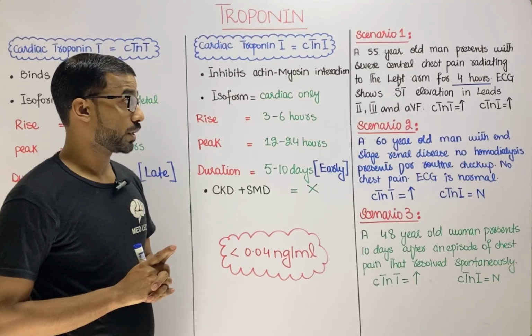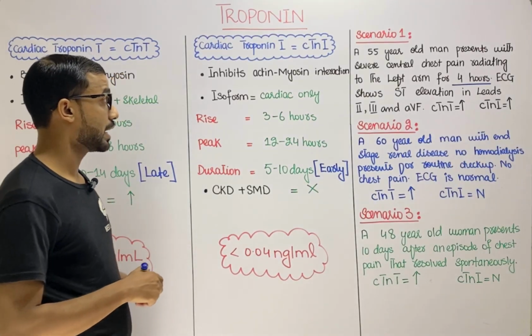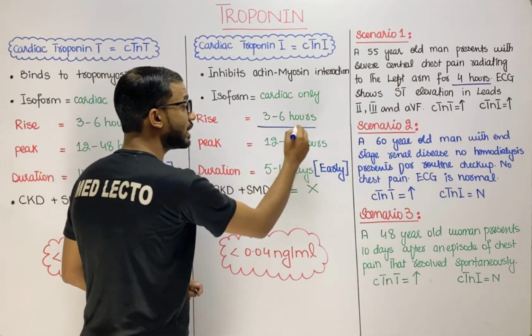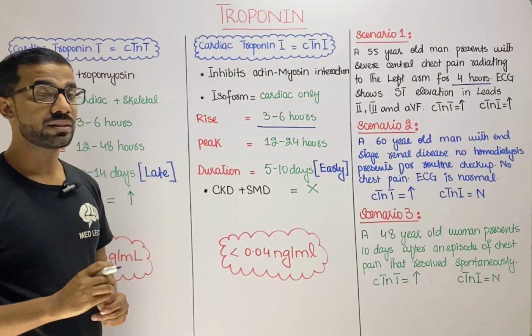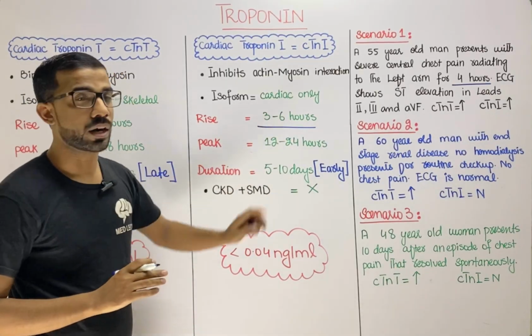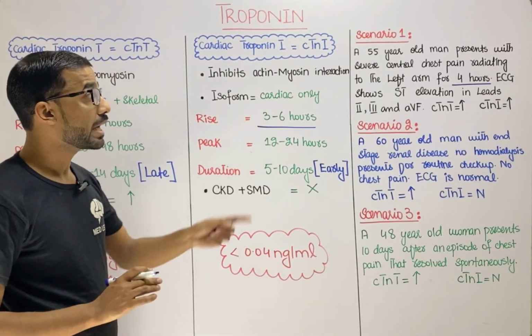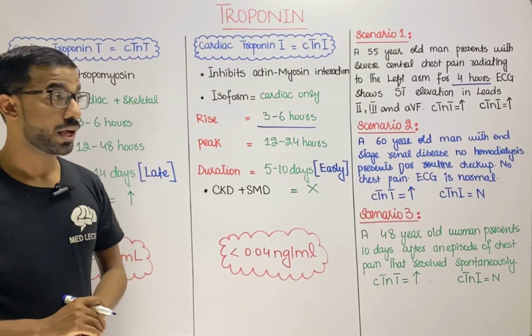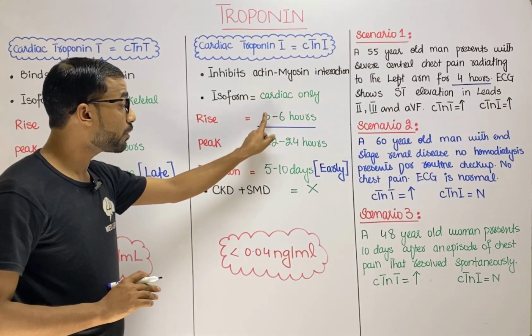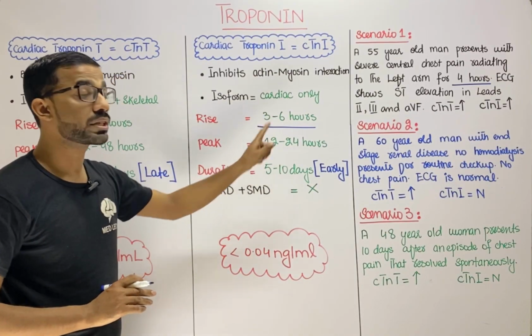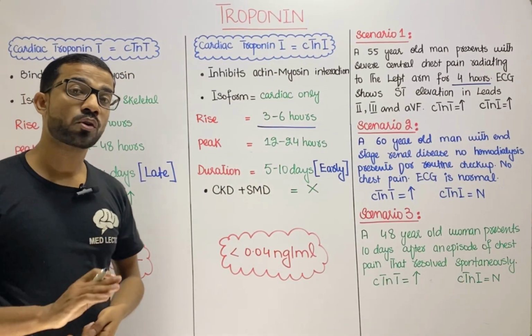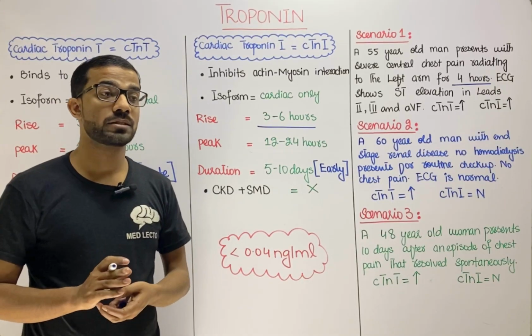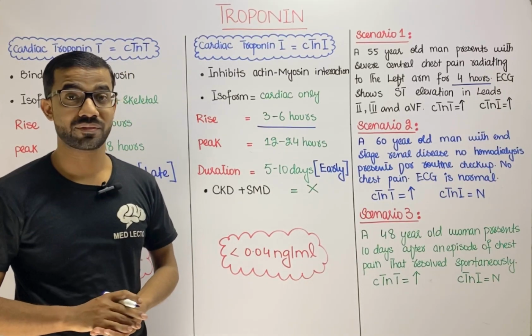4 hours. As we have discussed, the rise of troponin I and T will be at 3 to 6 hours. So the patient has been facing this problem for 4 hours, which lies between 3 to 6 hours. So troponin T and troponin I have been released into the blood because the heart is affected.